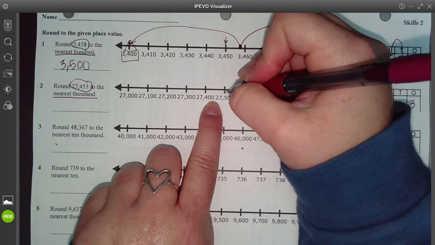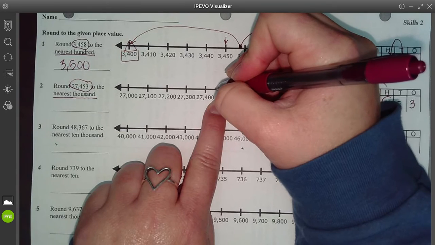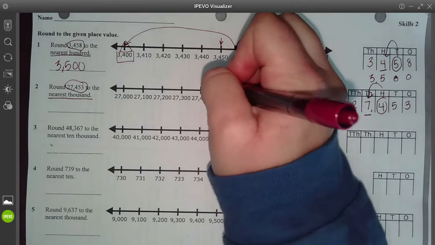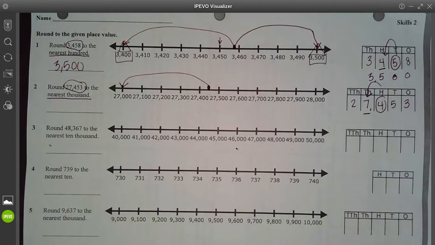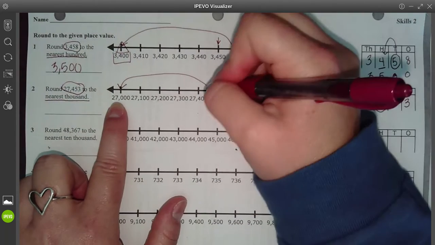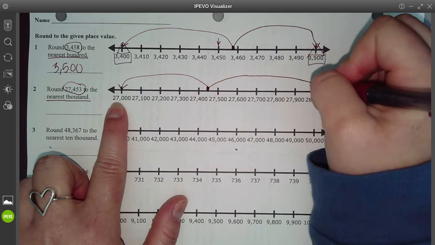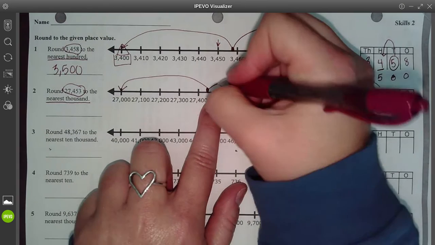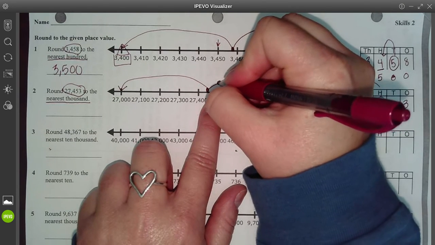Okay, so if I have 27,453. So it's almost 53 is kind of about right there. Okay, so if I really have to go to the bathroom, I'm running to the thousands. Is it going to be 27,000 or am I going to round up to 28,000? Well, this is halfway, right?